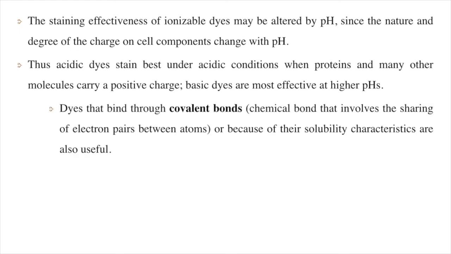The dyes that bind through covalent bonds or because of their solubility characteristics are also useful. What are covalent bonds? The chemical bond that involves the sharing of electron pairs between atoms is termed a covalent bond. So if the dye binds through a covalent bond or because of its solubility characteristics, it is useful for staining.